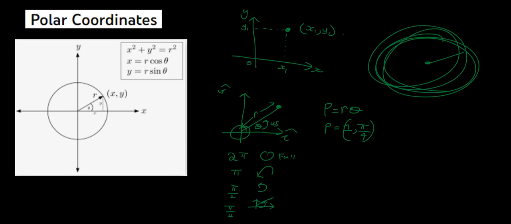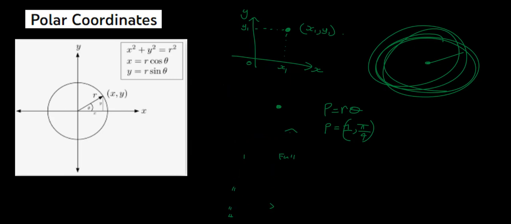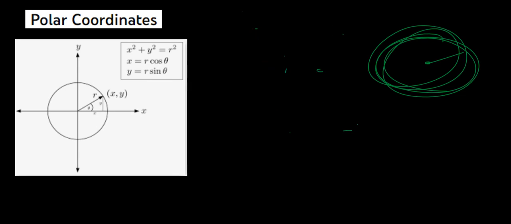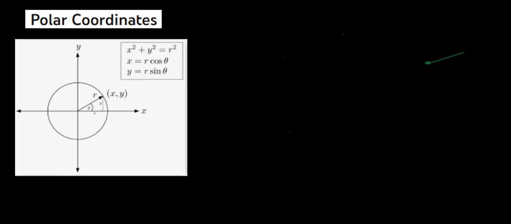The polar coordinate system is really good at measuring position, velocity and acceleration in circular motion. It's much more powerful than the Cartesian system.